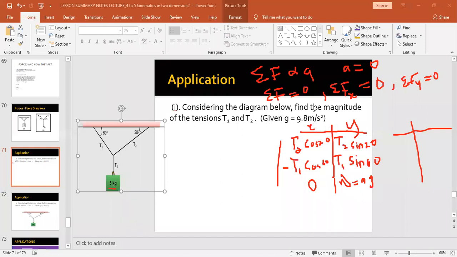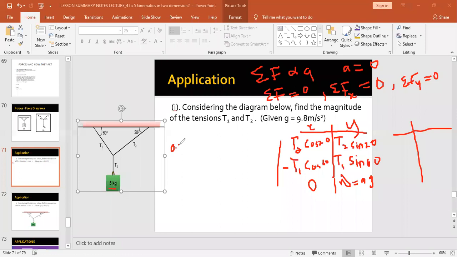Let's write the equation. So the net force in the x direction will be T2. Have you found the cos 20 and the sine for me so that I write it straight away? Cos 20, what did you get? 0.94.